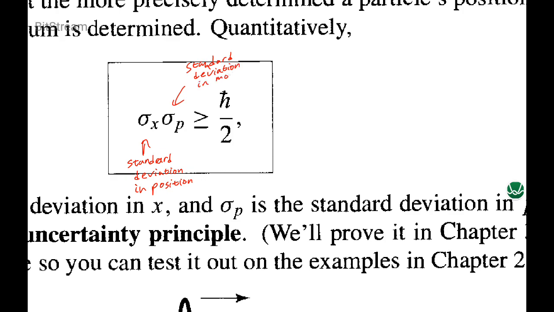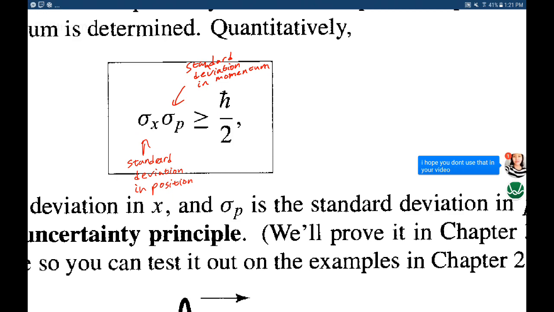So we have it in real space and we have it in momentum space. One standard deviation multiplied by the other standard deviation has to be bigger than h bar over 2.